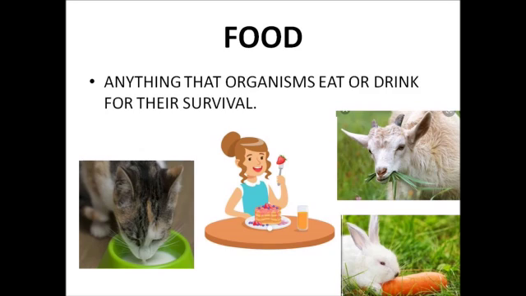Goat usually eats grass, right? So we can see that different organisms eat different types of food according to their taste, according to their digestion system, according to their body design. So food is anything that organisms eat or drink for their survival, which provides energy to the organisms.